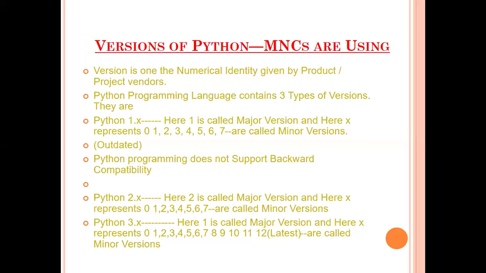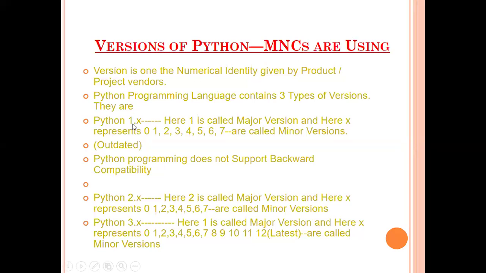Now, let's talk about the versions of Python that MNCs are using. A version is the numerical identity given to a project, vendor, or product. Python contains 3 major versions: 1, 2, and 3. Please remember this.